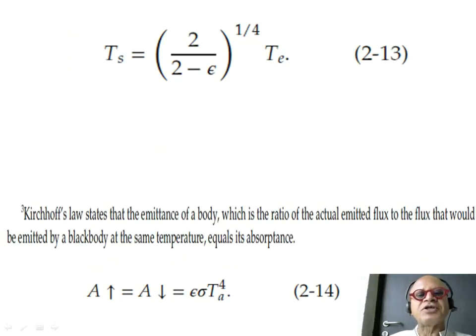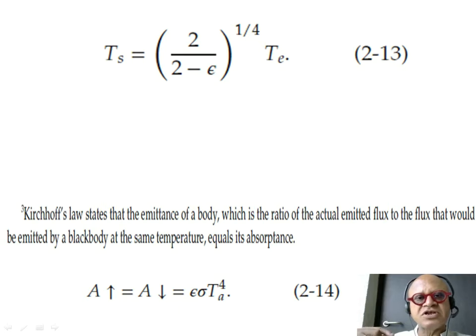How do we think about it? So Kirchhoff's law states that emittance of a body, which is the ratio of the actual emitted flux to the flux that would be emitted by a black body at the same temperature, equals its absorptance.